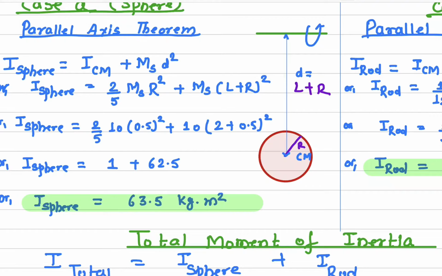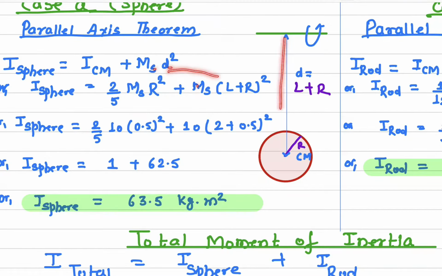You can find this in any book, or you can look into my other videos to see how to get the moment of inertia of a sphere about the center of mass. So this is the given, and M_S and d, which is L plus R, we just calculated.